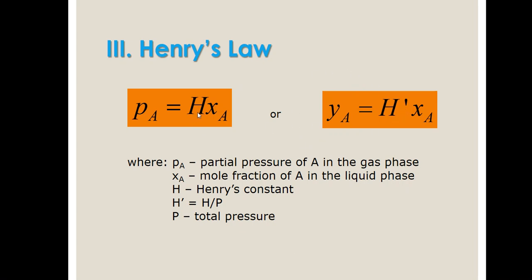And the original H is converted to H prime, which is equal to the original H divided by the total pressure P. In the original equation, the only identity that was preserved is the x_A. It was preserved because in the new equation, after division by the total pressure P, x_A is still x_A. So again, Henry's law does not have any limitation.